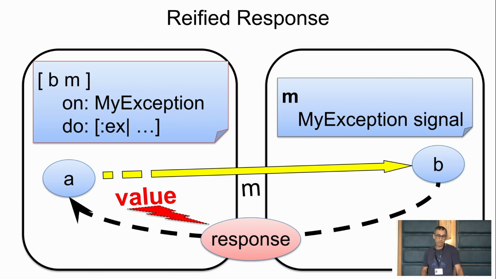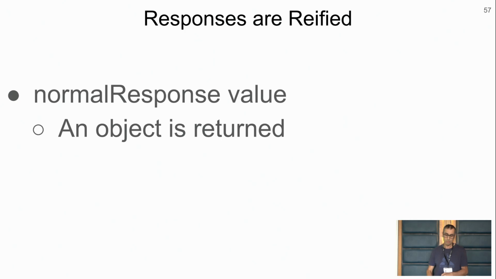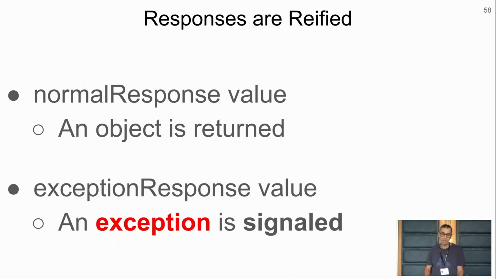Whenever the sender of the message receives a response object, it sends the message value to the response, saying: give me your actual value. If it's a normal response, you get the actual object that was sent back. But if it's an exception, you have another exception that is signaled locally.